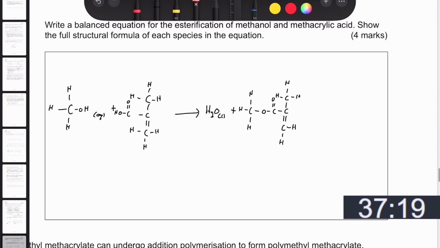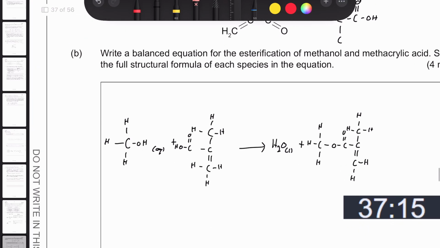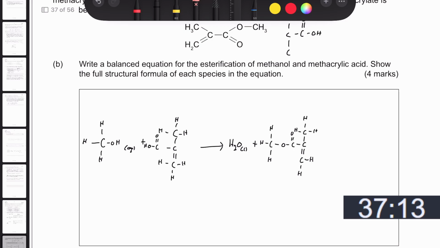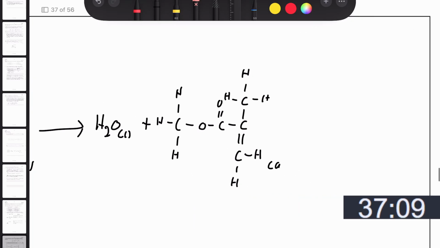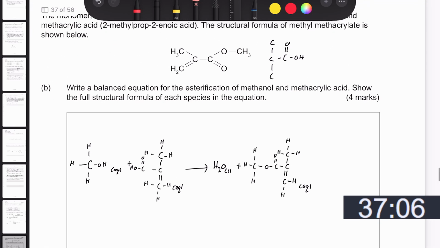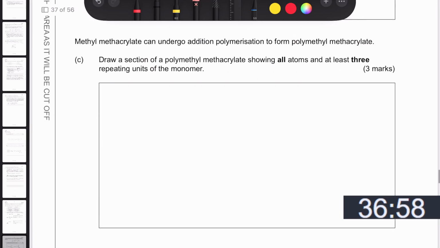So something like that. This is aqueous. I think that's correct. Okay.